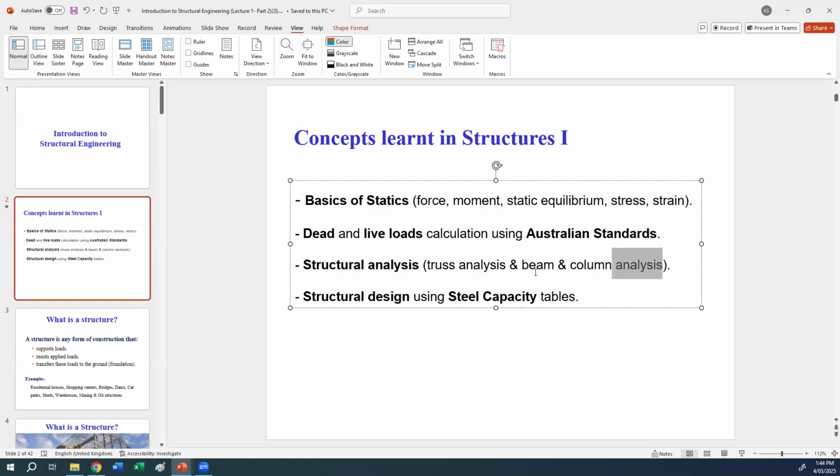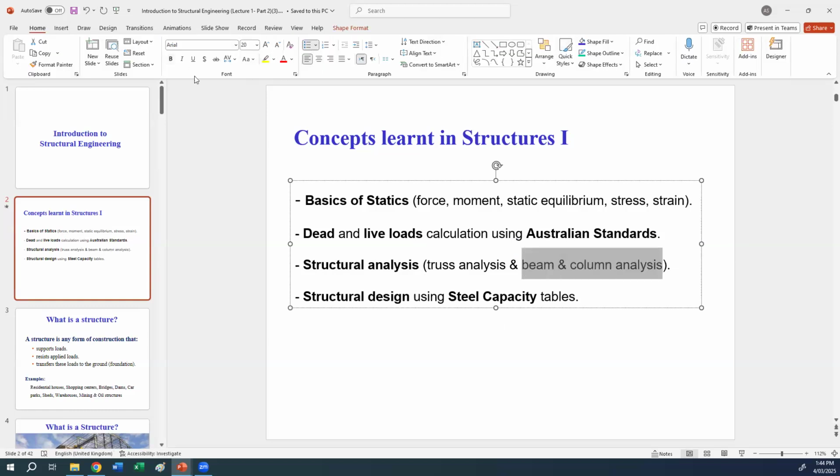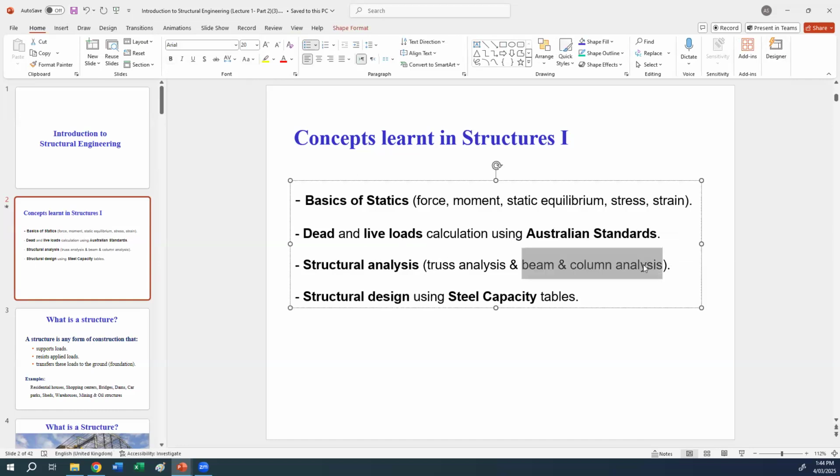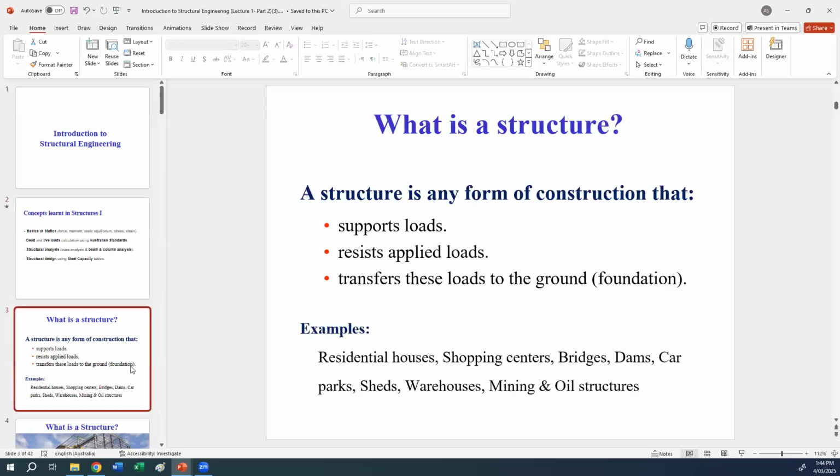This will be our main focus in this course. Then we use this beam and column analysis, or the forces in the beams and columns, to design the members. Okay, so these were some concepts you need to memorize from last year.